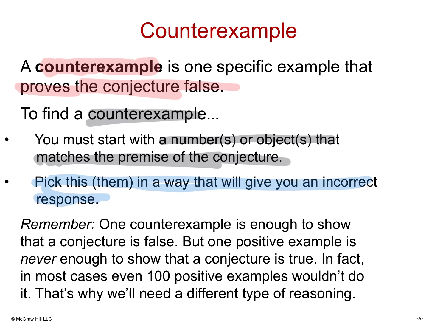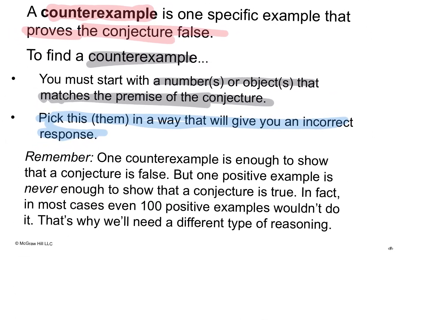This is kind of fun because you're going to try to disprove things. Remember, one counterexample is enough to show that a conjecture is false. But one positive example is never enough to show that a conjecture is true. In fact, in most cases, even 100 positive examples wouldn't do it. That's why we'll need a different type of reasoning.